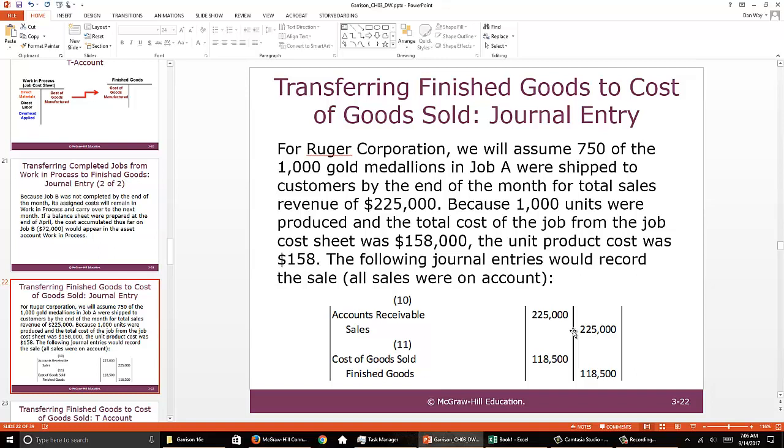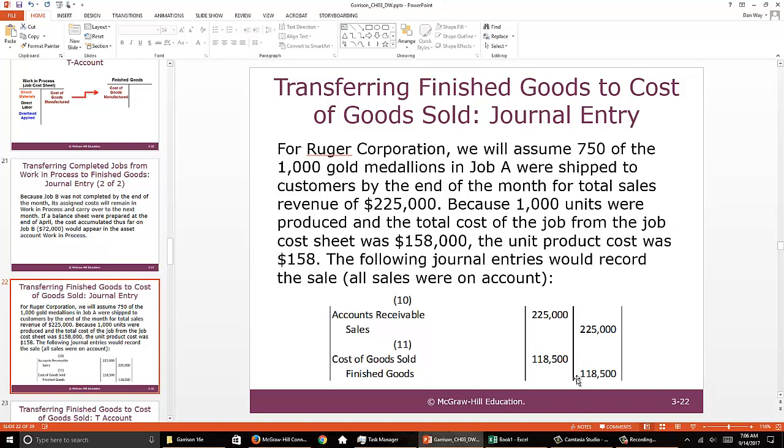And then we want to update our inventory records. And this assumes we're using a perpetual inventory system if we think back to our principles of financial accounting. So we would debit cost of goods sold for $118,500. That's the $158 times the 750 gold medallions we sold. And then we'd credit finished goods for that same $118,500.